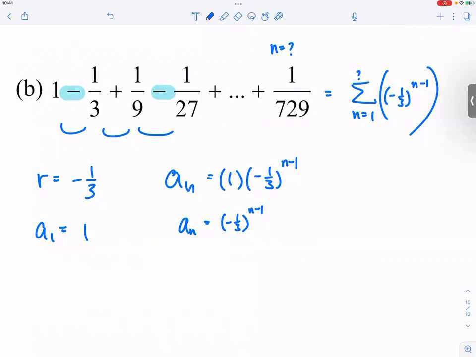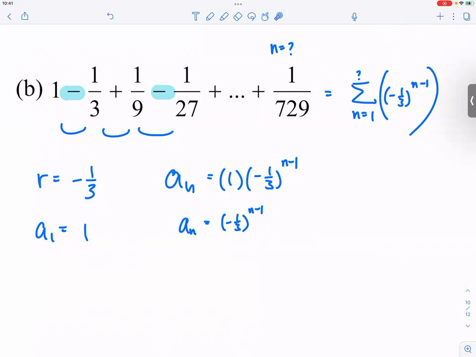Why is it even? But then if you look at the list here, this is n equals 1. This is n equals 2, which is negative. N equals 3, n equals 4. Well, because of the n minus 1, now the n minus 1 will be even. So that means the n must be odd.